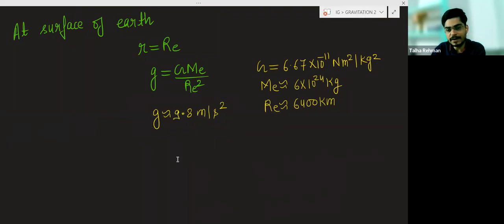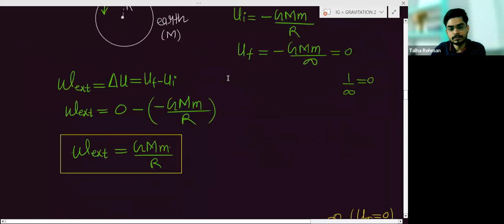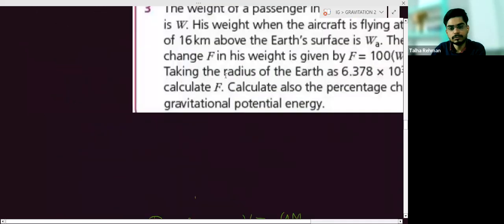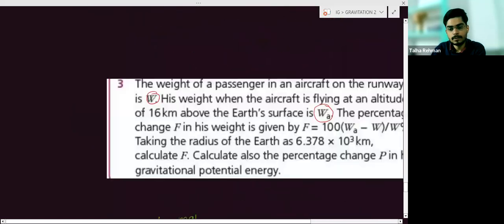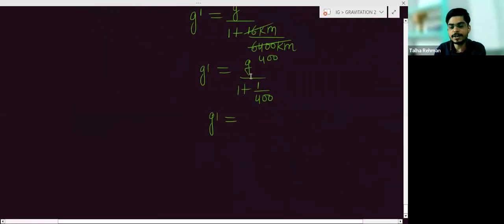You will get that by putting all the values. So this value is 9.8.